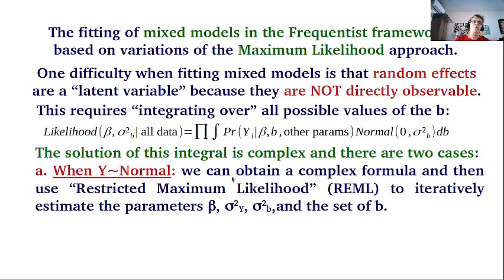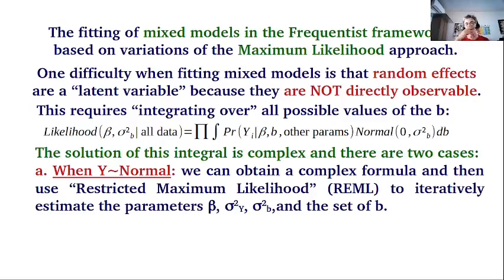First, when the response variable has a normal distribution, we can obtain a rather complex formula that I'm not going to show here and use a variation of the maximum likelihood method called restricted maximum likelihood, with the acronym REML.